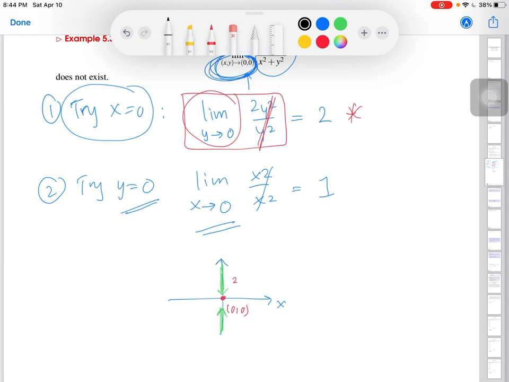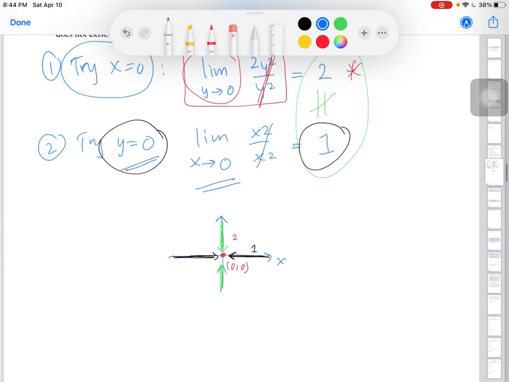And we also showed over here that if I approach along y equals 0, which is the x-axis, the limit I get is 1. So these two L values are not equal, so we conclude that the limit does not exist.